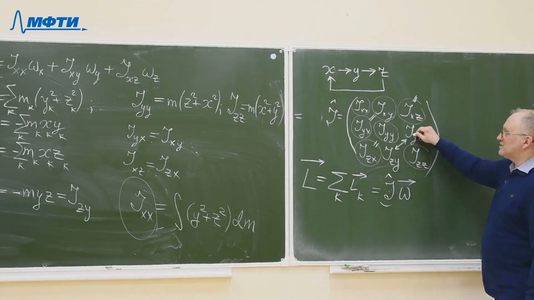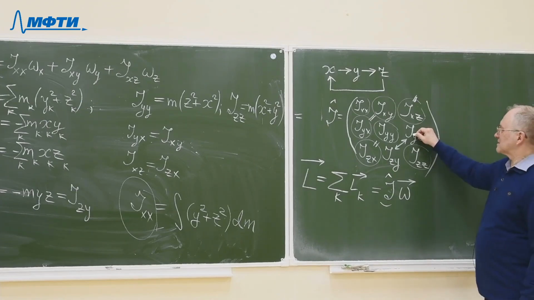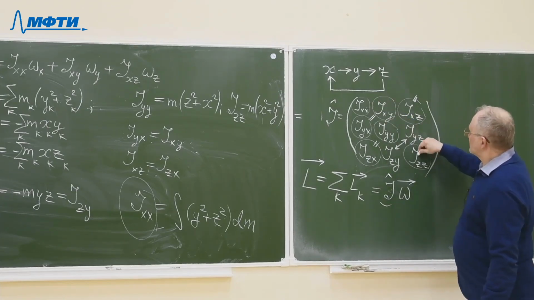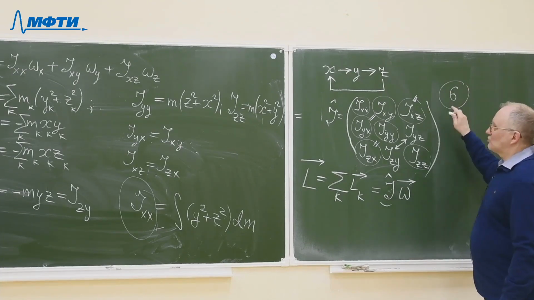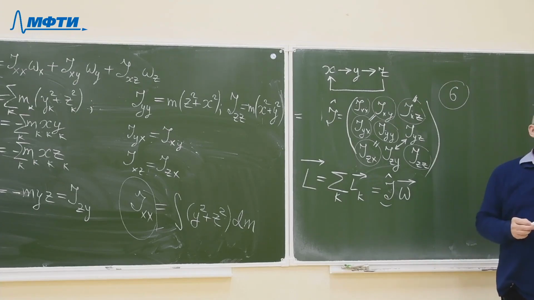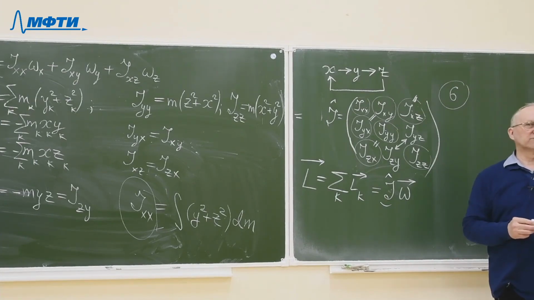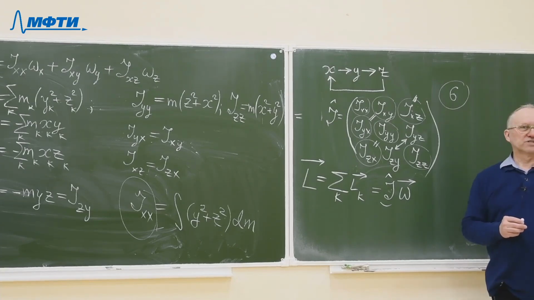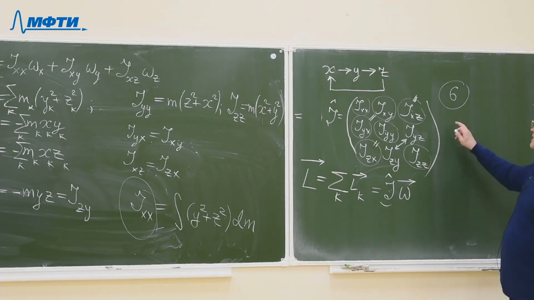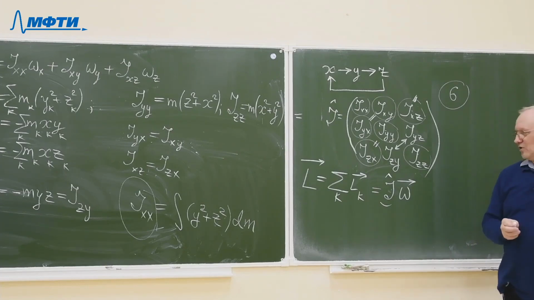So how many independent components are there in this tensor? 1, 2, 3, 4, 5, 6. Only 6 independent components. Six independent components describe the rotational inertial properties of any complicated solid body.